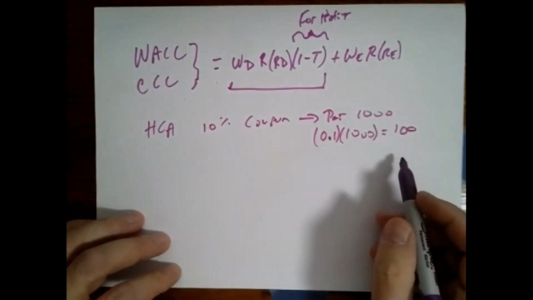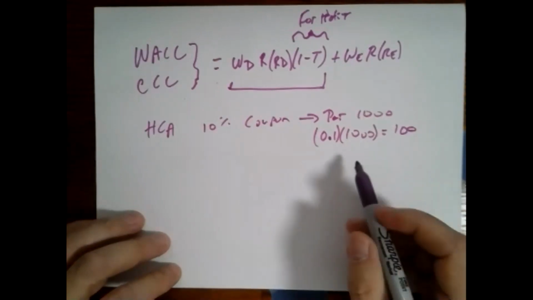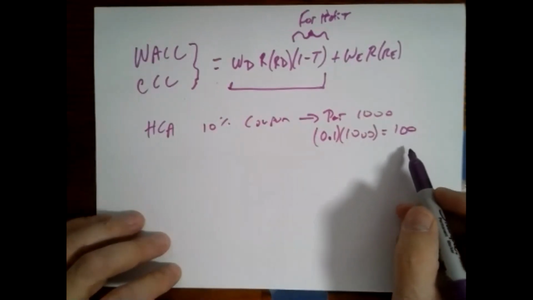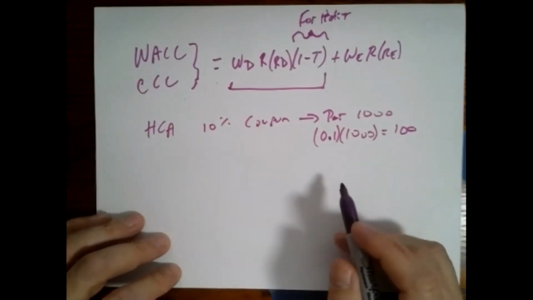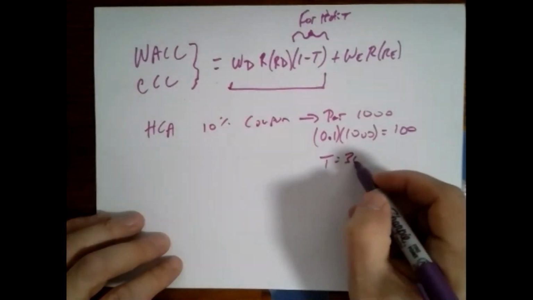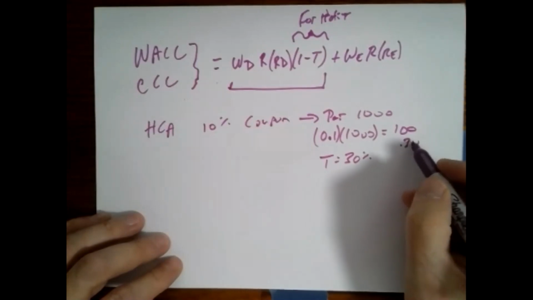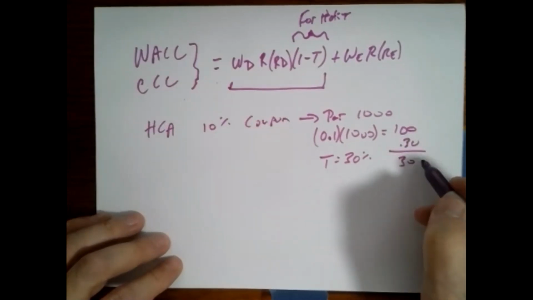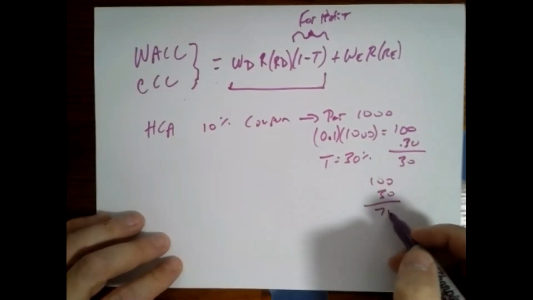Now you would pay that most likely in 2 semi-annual payments of $50 and $50. But at the end of the year, your bondholders would receive $100. And let's say they are in the 30% tax bracket. They're going to have to pay 100 times 0.3, or $30 in taxes. So at the end of the year, what they have is 100 minus 30, or $70.